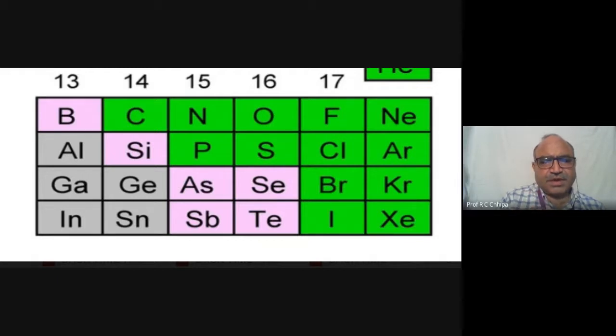Group 17 is the halides only. So here we have boron, carbon, nitrogen, oxygen, and fluorine.